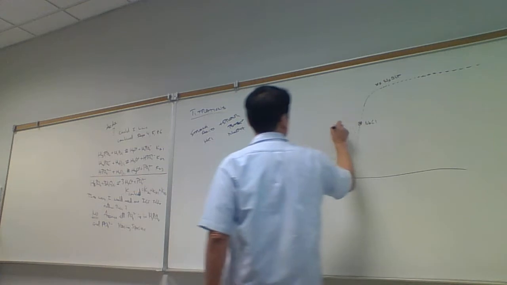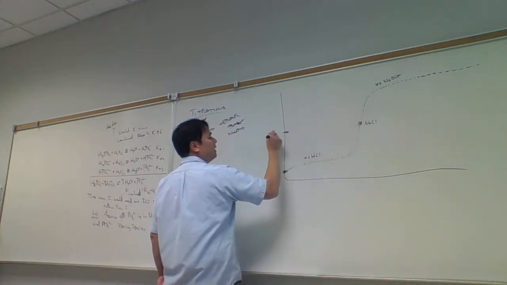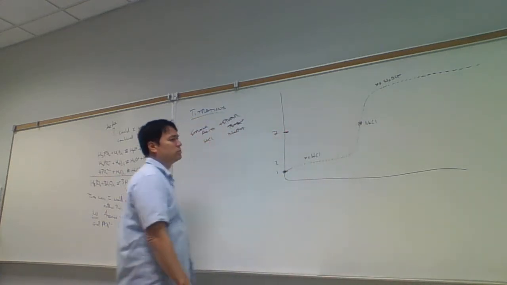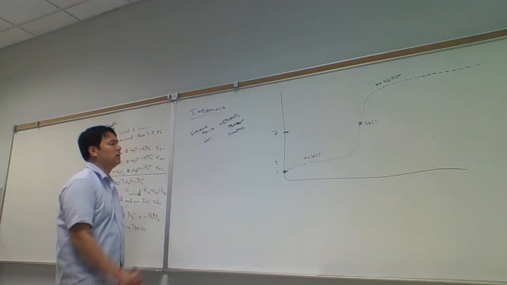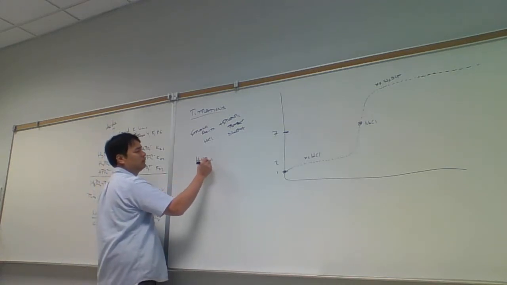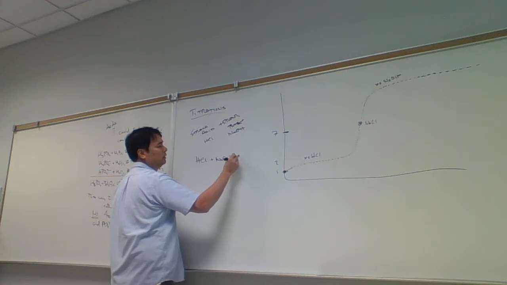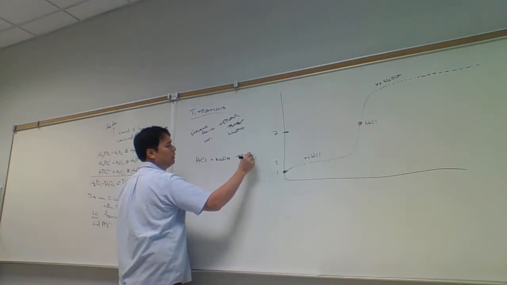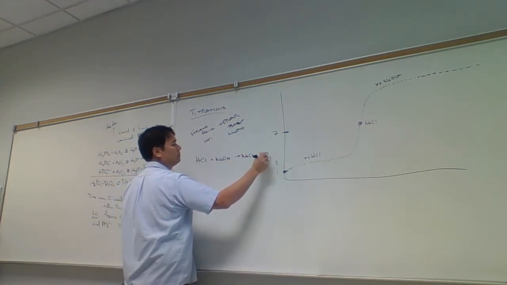The equivalence point should come at pH 7. Sodium chloride is a neutral salt, and we produce salt and water. So the reaction here is HCl plus sodium hydroxide yields sodium chloride plus H2O liquid.